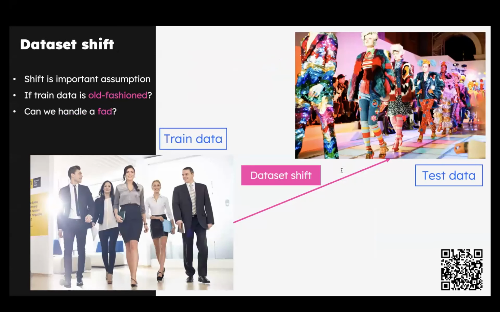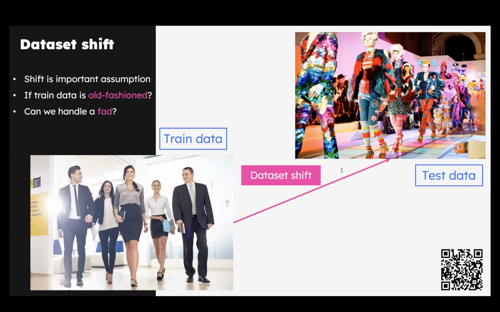But when we handle the set matching problem, is it enough to consider the IID scenario? Of course, it is known that many machine learning algorithms assume that training data and test data are generated from the same distribution. This assumption is called the independent and identically distributed assumption. Here, imagine applying machine learning approaches to fashion data analysis.